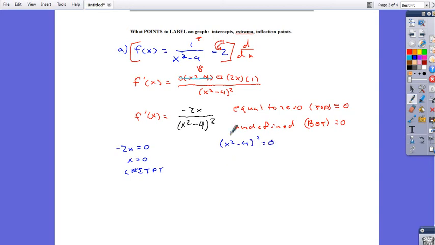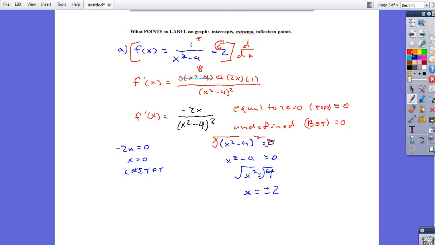Square root both sides, and you know how to solve that. So x is equal to positive and negative 2.